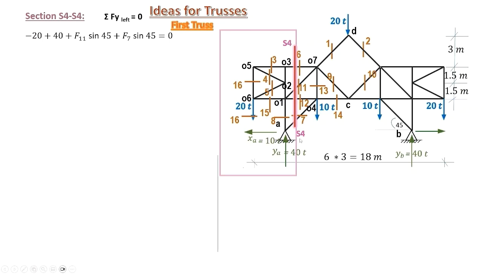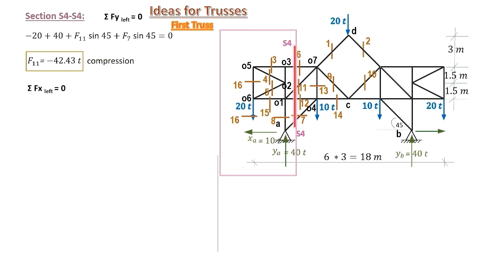Now, S4 passed through 4 members, 6, 11, 12, and 7. 2 of them are horizontal, 6 and 12, and therefore they are not included in the equilibrium of the y direction. So we are left with members 11 and 7 because both of them have components in the y direction. And here is our equation. Member F7 was previously computed from the equilibrium of joint A, and we compute F11.